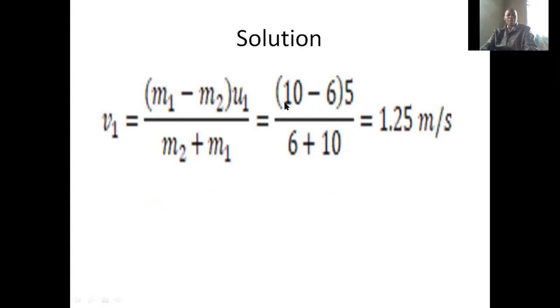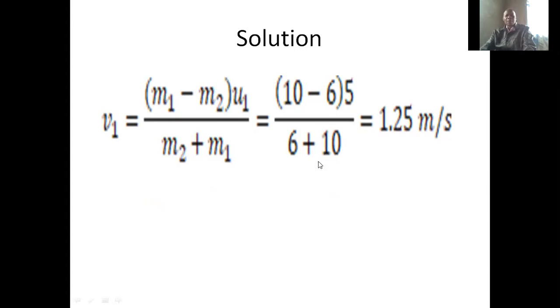Mass 1 is 10 kg and mass 2 is 6 kg, multiplied by the initial velocity of bag 1, which is 5 meters per second, over the sum of the two masses, and this gives you a final velocity v1 of 1.25 meters per second.